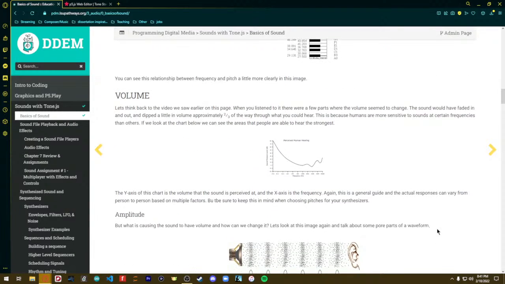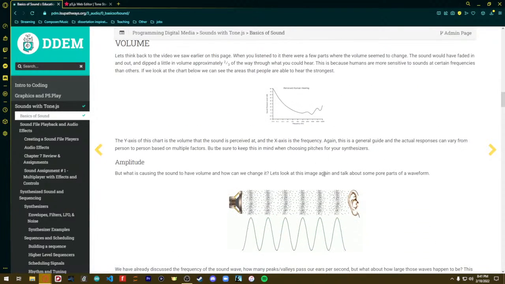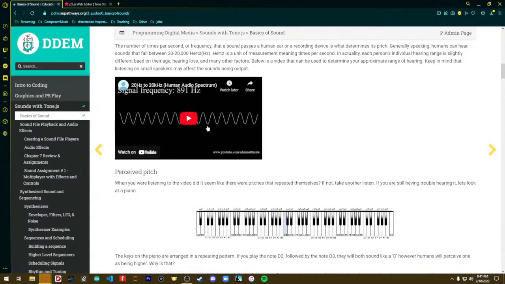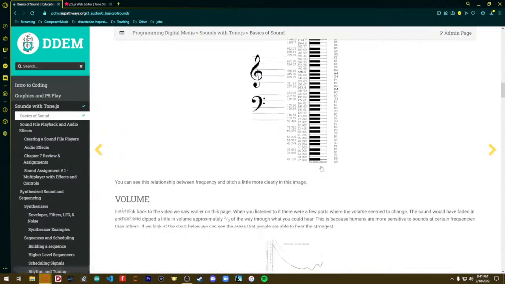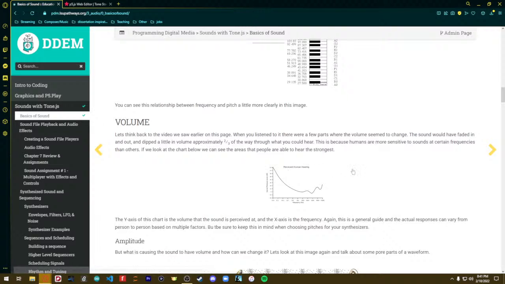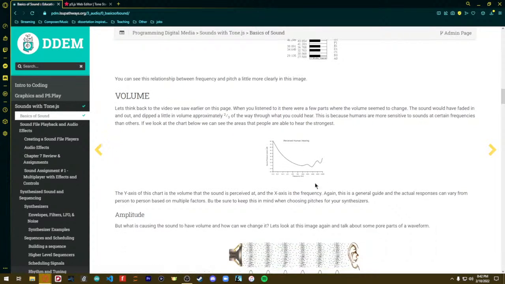Okay, I'm not going to get too much into this diagram, but if you were to go back to this video, which again I highly recommend you listen to on your own, you may notice that the volume seems to change. Just like we can hear different frequencies throughout our life, we can also hear different volumes of those frequencies.